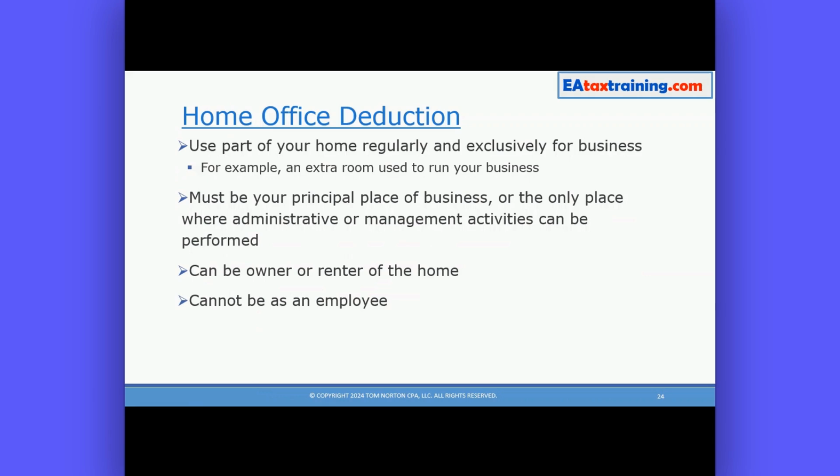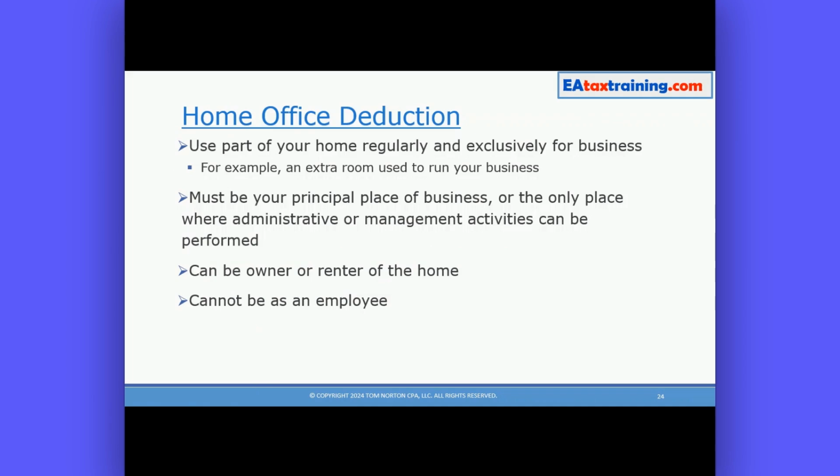So you might actually do your work somewhere else. Let's say you are a doctor and you do your work mostly at a hospital, but you're not an employee of the hospital, you're your own business, and you see patients at the hospital, but the only place you have to do your paperwork and your administrative work is a home office. So you can go ahead and make the deduction as long as you meet all of the other rules.